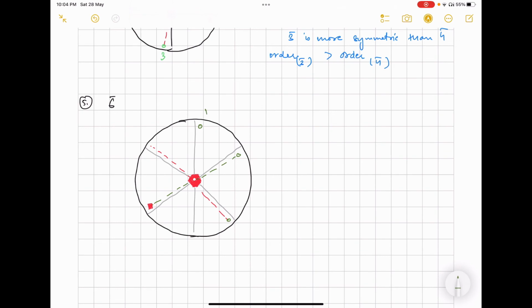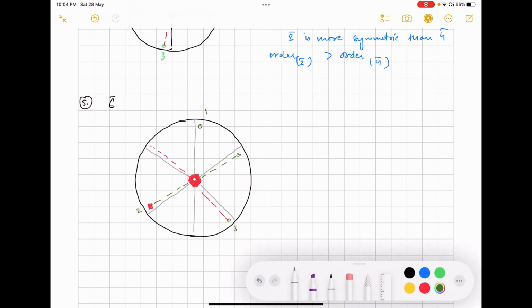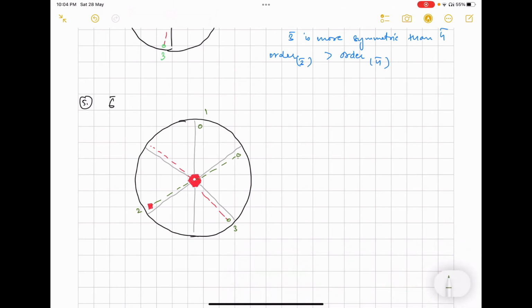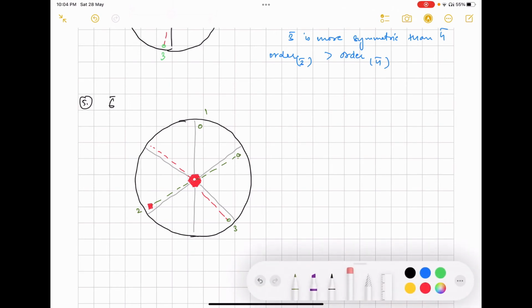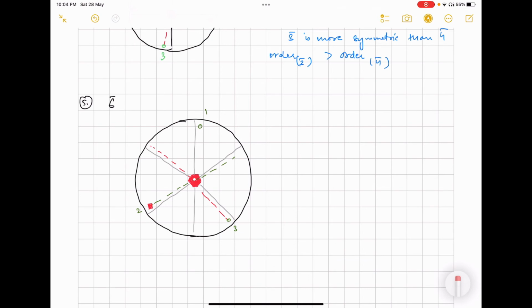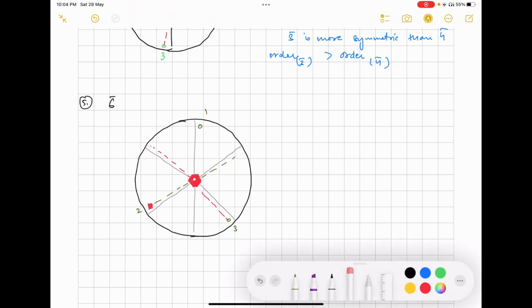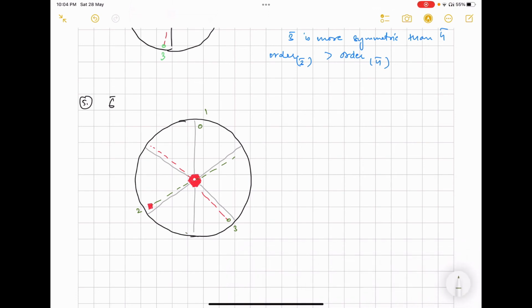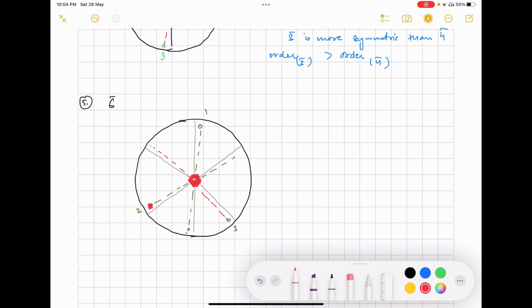So this is 1, this is 2, this is 3. So we do not get a point here basically. Okay, now this 3 after 60 degrees of rotation reaches here, and then after inversion it becomes like this.